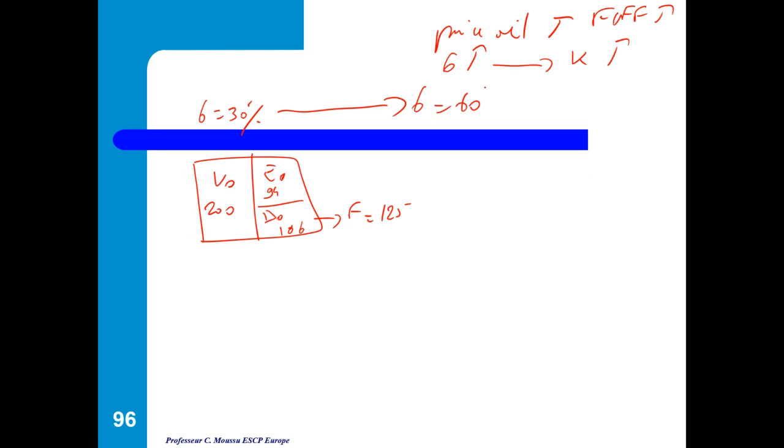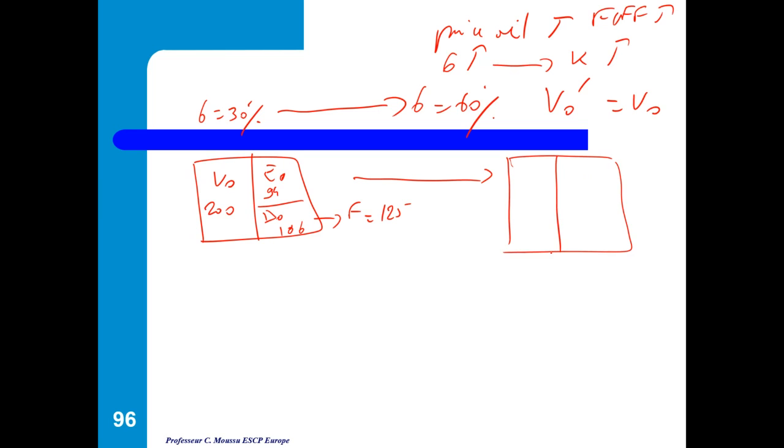So the volatility is turning not to 30, but 60%. But I consider that the value of the firm has not changed. Free cash flow increase, cost of capital increase, in fact, it compensates. So what I have here is what?